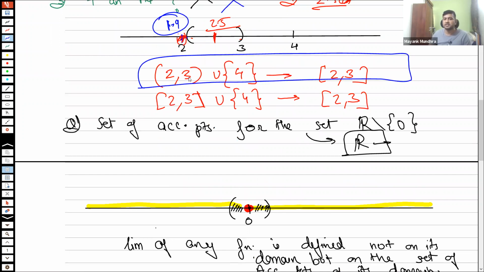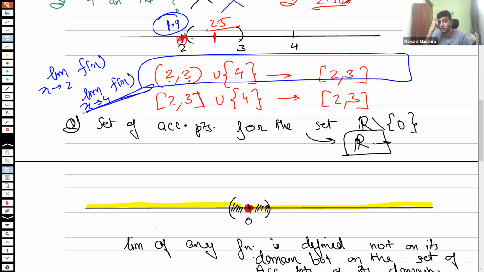Even though 2 and 3 are not in the set, limit x tending to 2 of f of x still makes sense. And even though 4 is in the set, limit x tending to 4 of f of x does not make sense. Okay, so that's why we are interested in accumulation points.